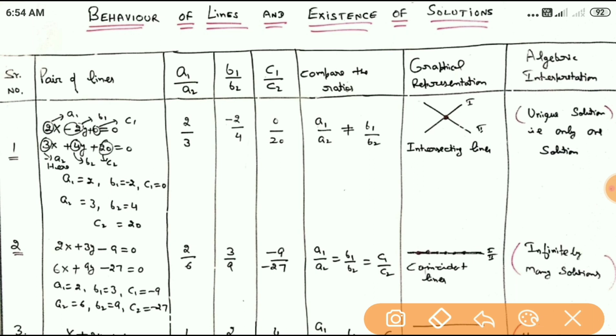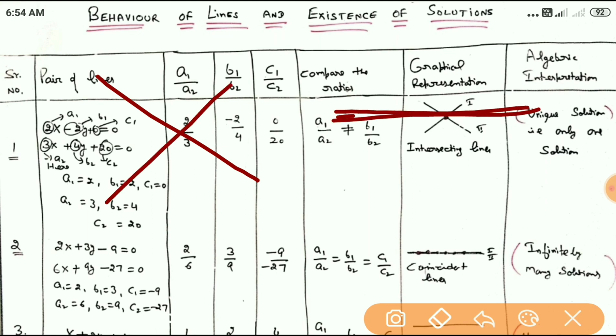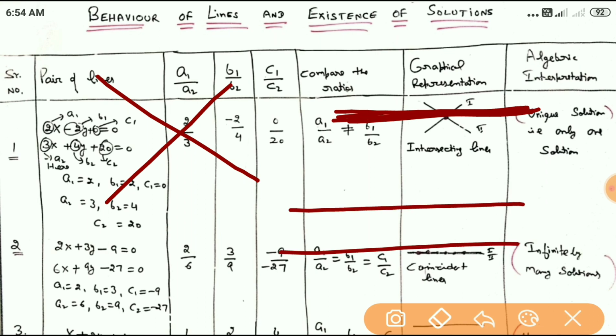Behavior of lines means whether the lines are intersecting, lie on each other, or are parallel to each other. In this video we discuss only intersecting lines, lines lying on each other, and parallel lines.